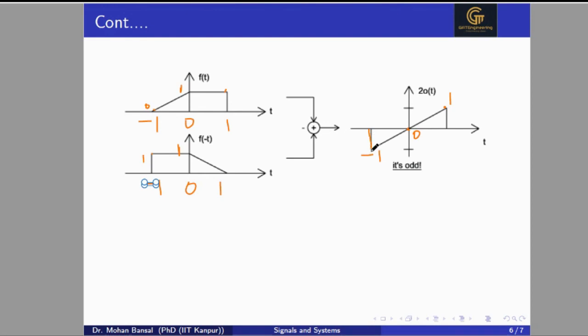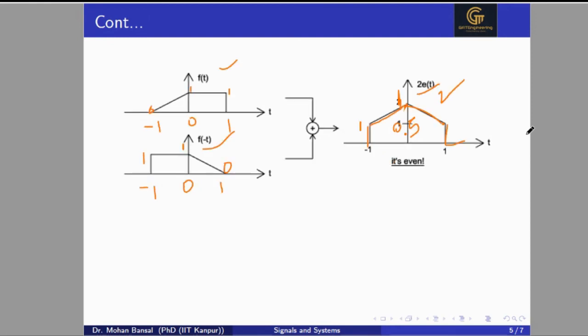Start from the time axis at -1, join all the components, and you will get the odd signal. But this is twice the odd signal, so you need to divide by 2. After dividing by 2, you will get -1/2 here and 1/2 here. So this is the odd component of the signal.